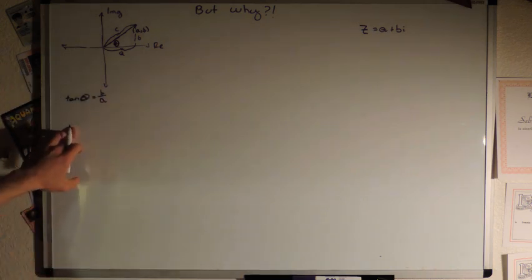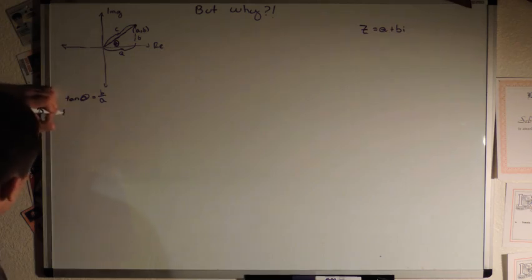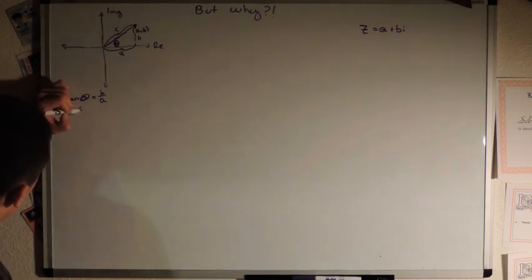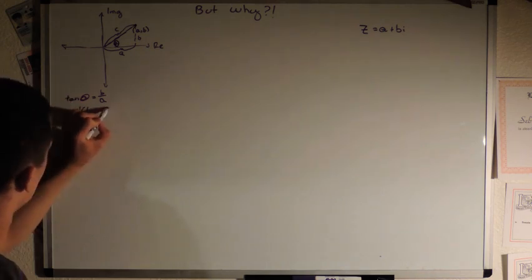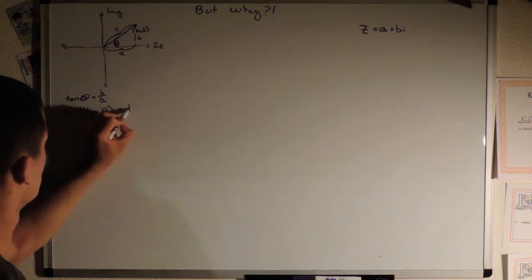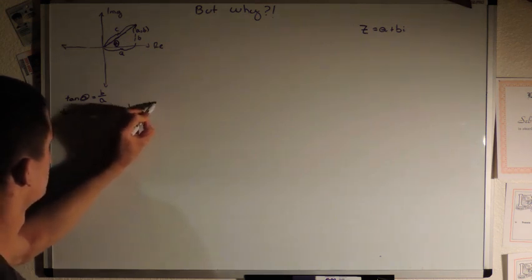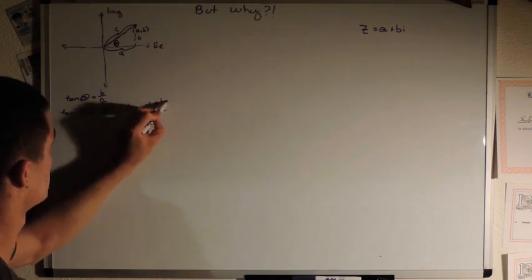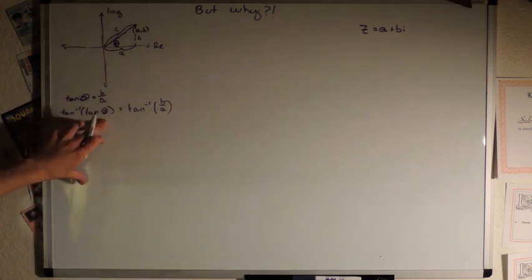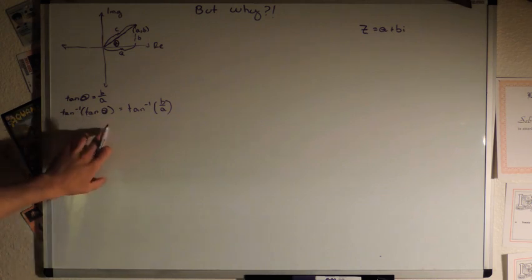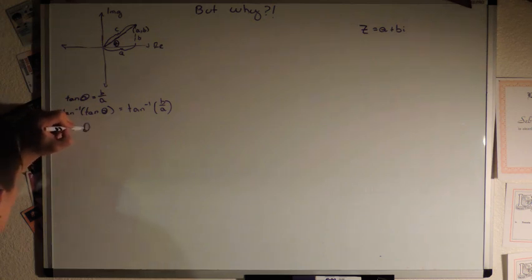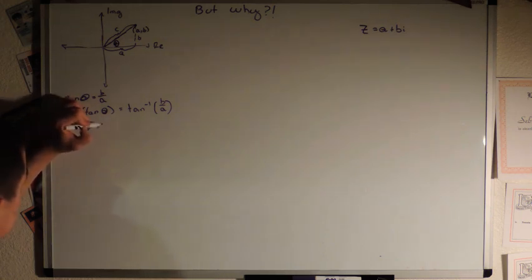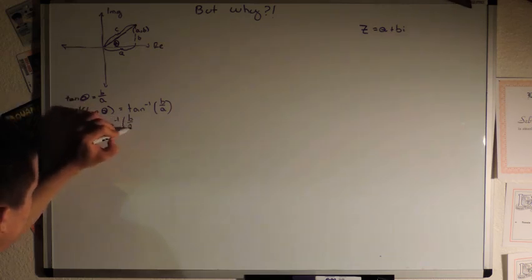Now I'm going to take the arctangent of both sides. Taking the arctangent of the tangent of an angle just leaves you with the angle. Hopefully this looks familiar. Theta is going to equal arctangent of b over a.